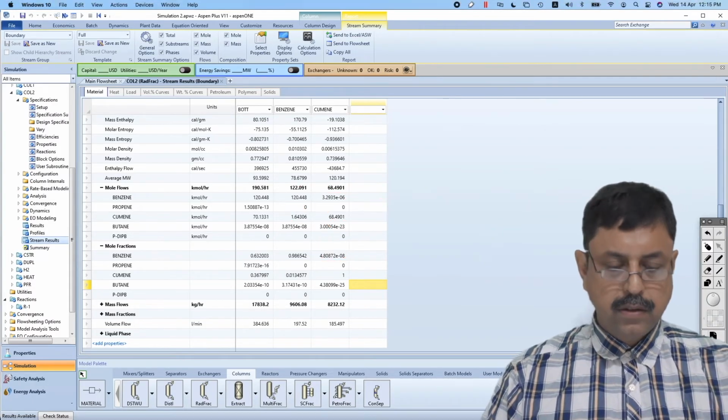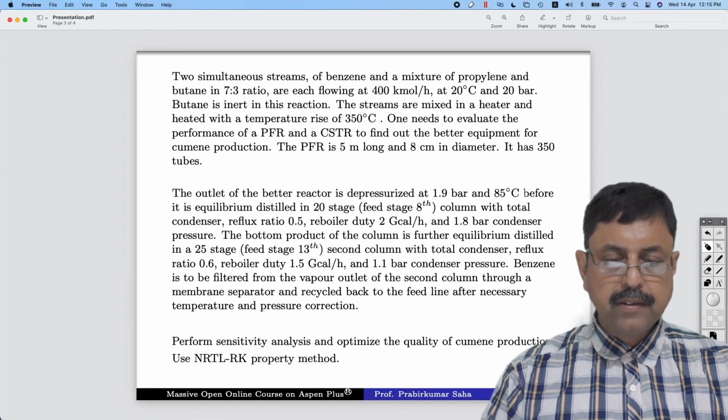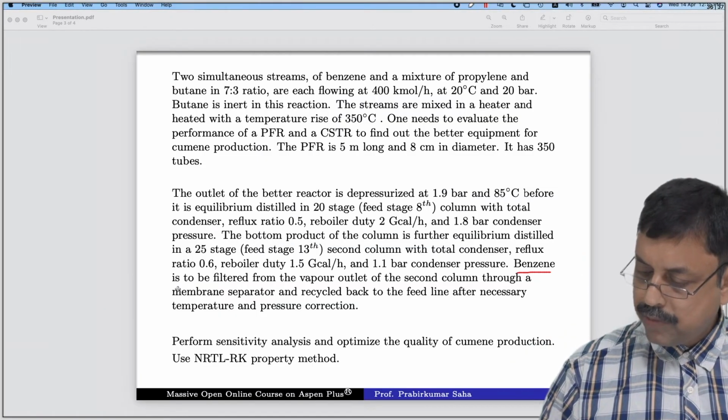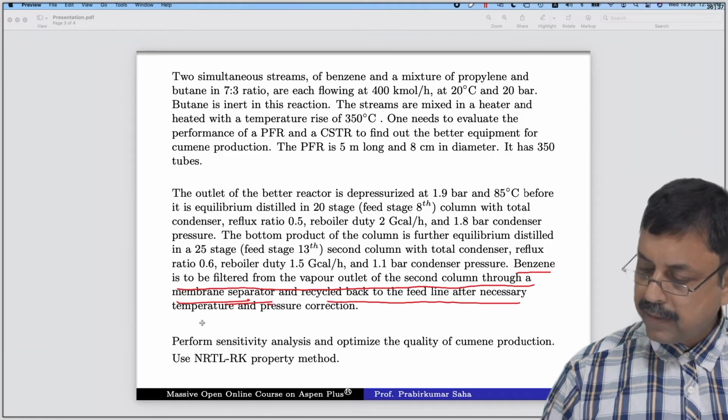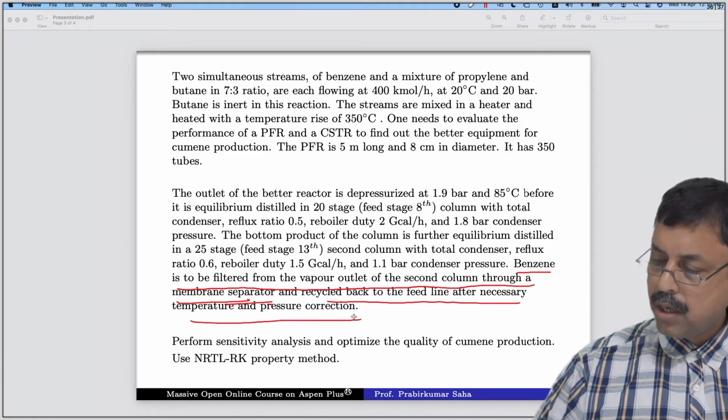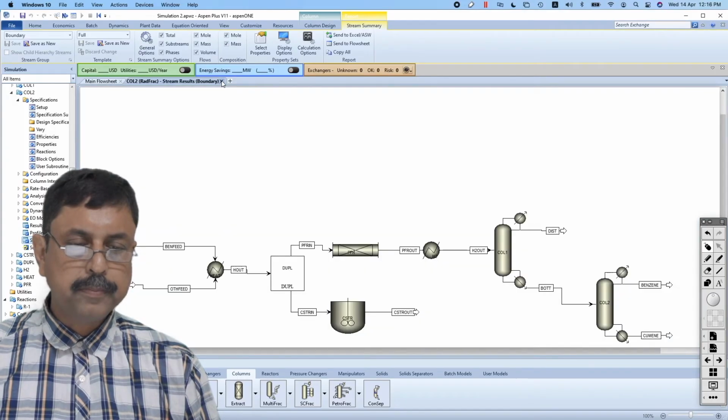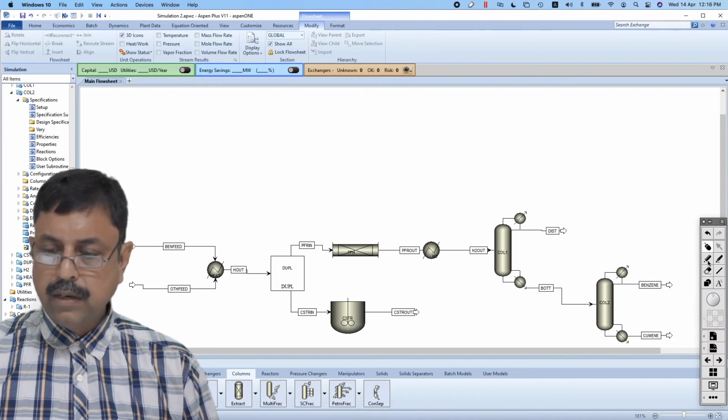For that, we have this strategy with us. Benzene is to be filtered from the vapor outlet of the second column through a membrane separator and recycled back to the feed line after necessary temperature and pressure correction. So what exactly we mean? We have this benzene line with us.